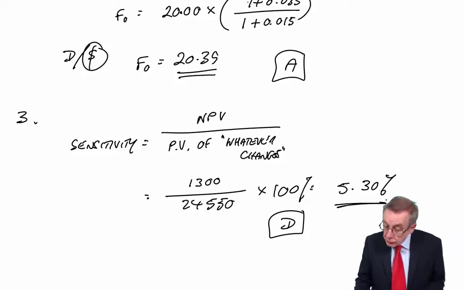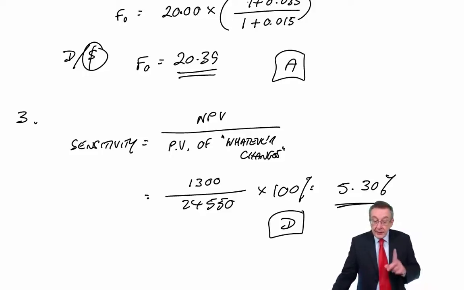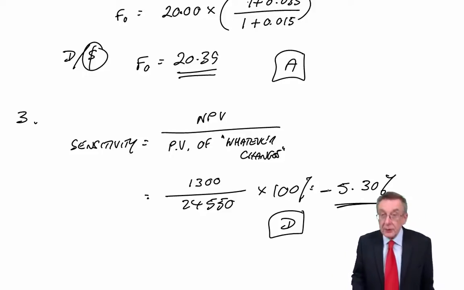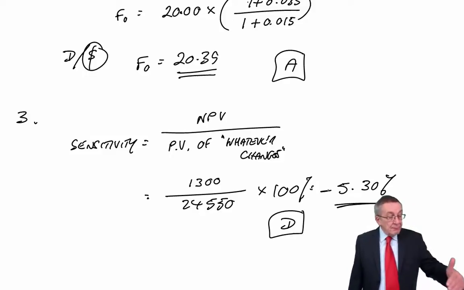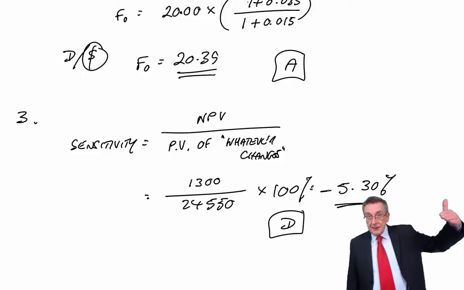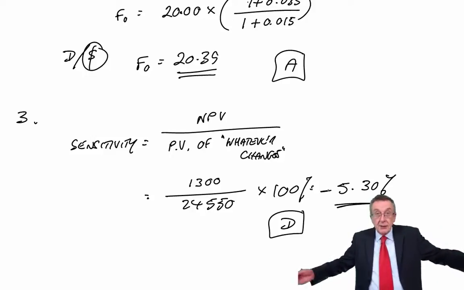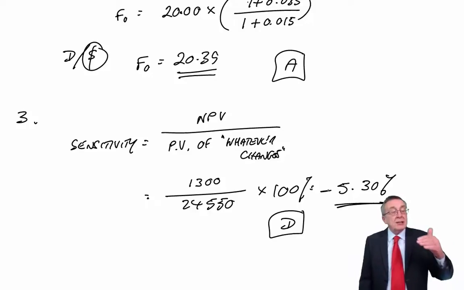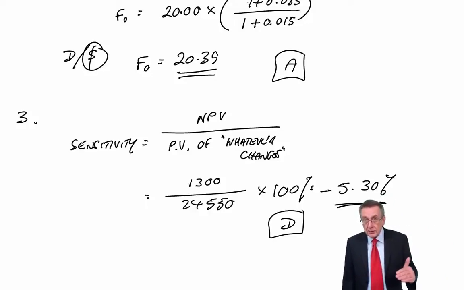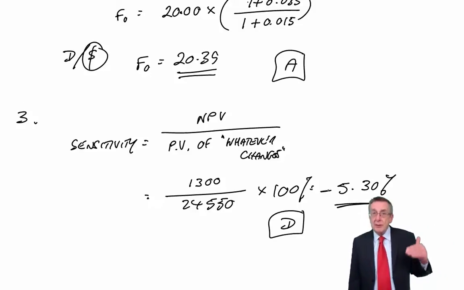In fact, strictly, the answer is minus 5.3. The reason being that, you see, if sales volume increases by 5% or anything, things can become better and better. It's only if the sales volume falls that we risk having a problem.